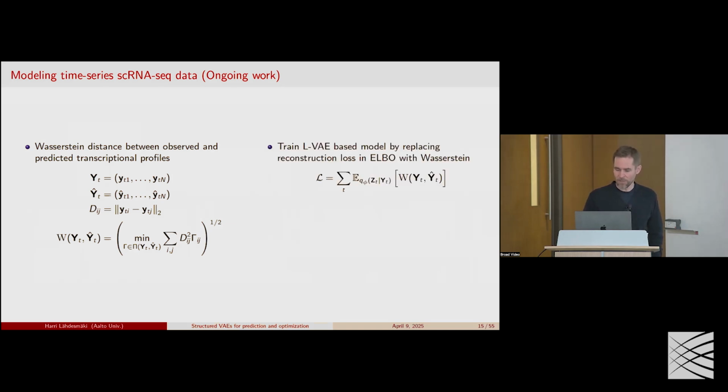So what we can then do is to train the kind of model that I explained earlier, but replace the reconstruction loss in the evidence lower bound with the corresponding Wasserstein, such that we still get the predictions from the estimated latent variables, but we match the predictions with the data only via the Wasserstein matching between the individual cells.